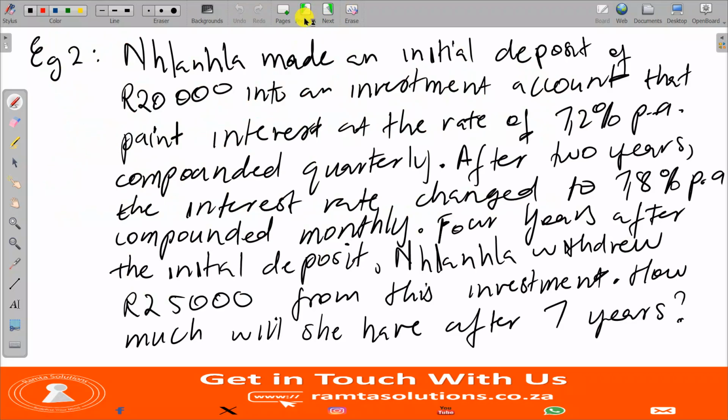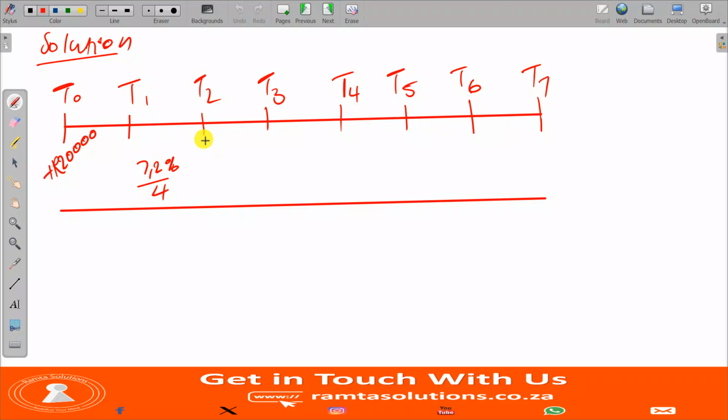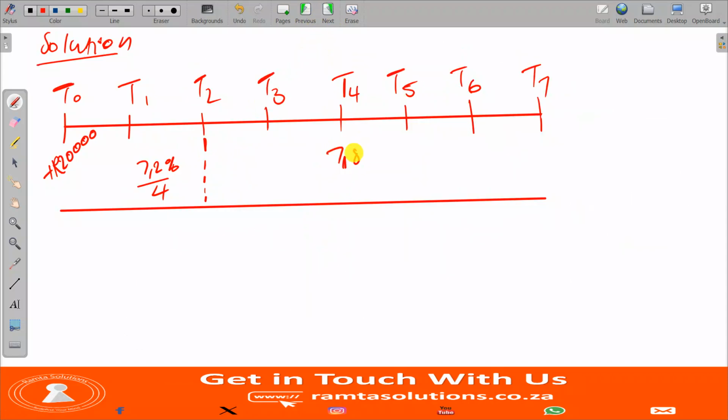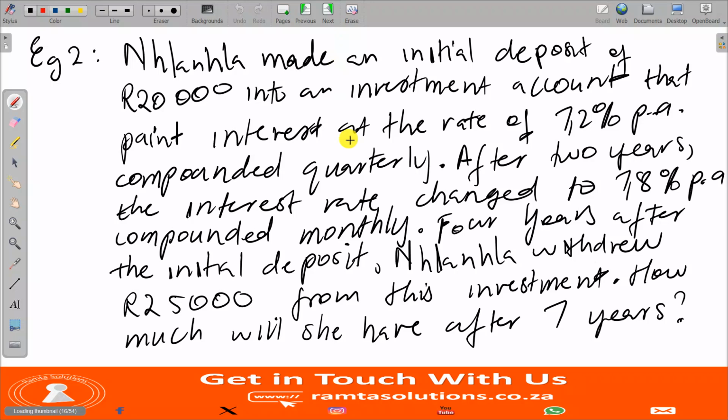After 2 years, the interest rate was changed to 7.8% compounded monthly.